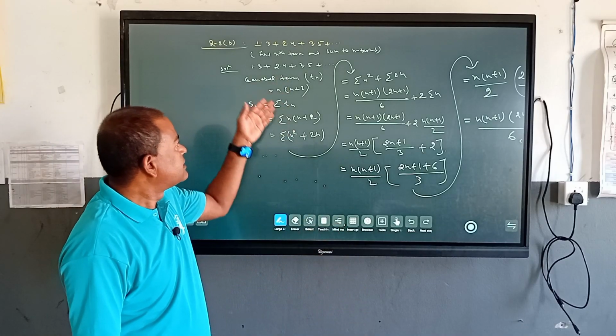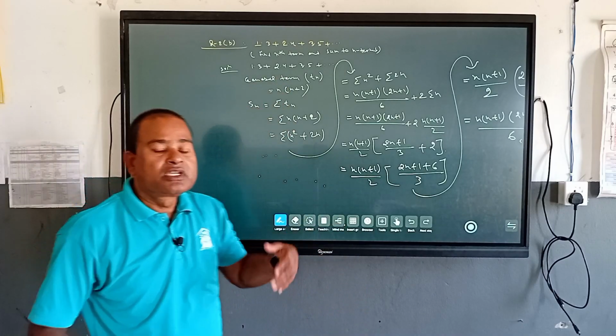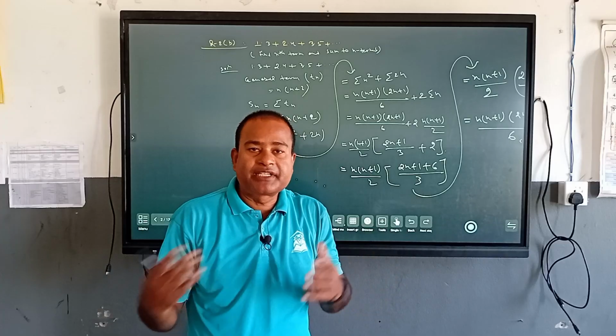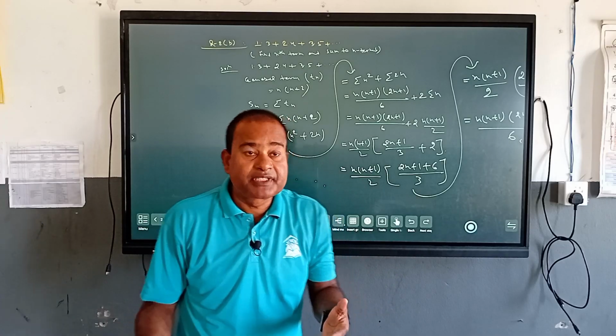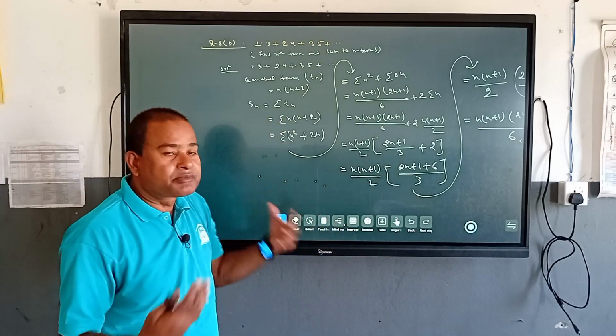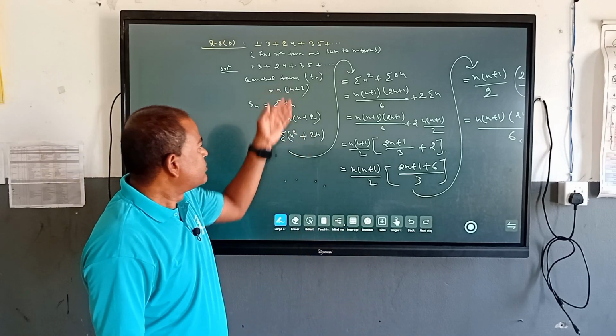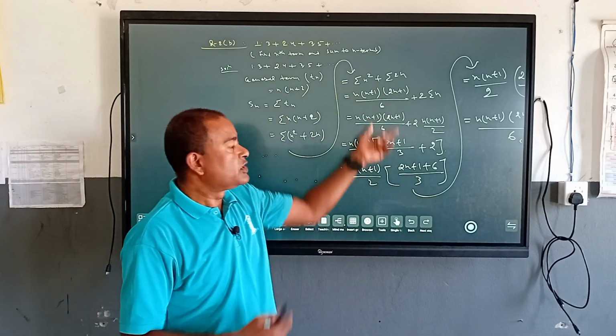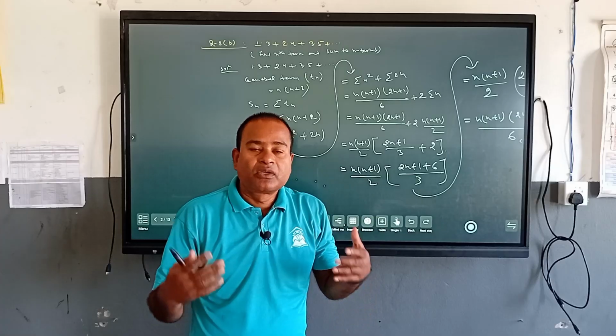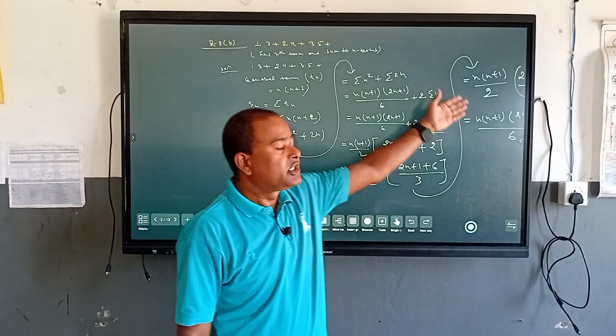After finding the general term we have to find the sum up to n terms of the given series, which we represent by summation Tn. Then after putting the value and using the formula, we get the required solution.